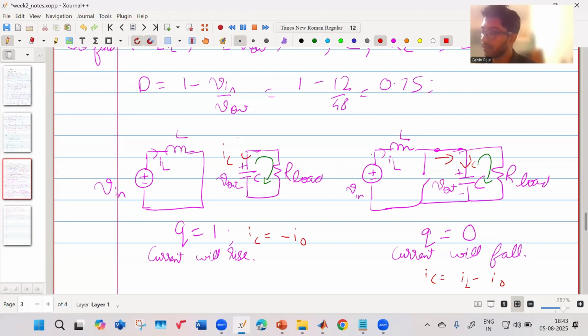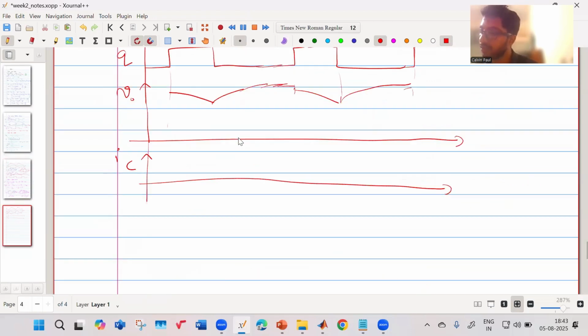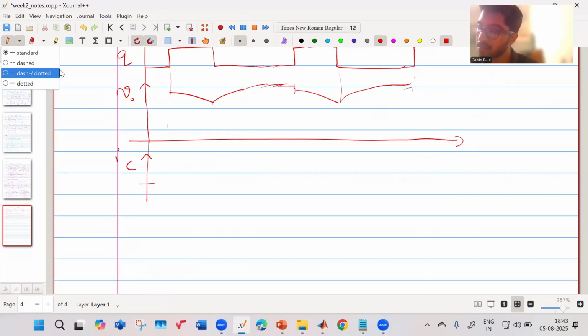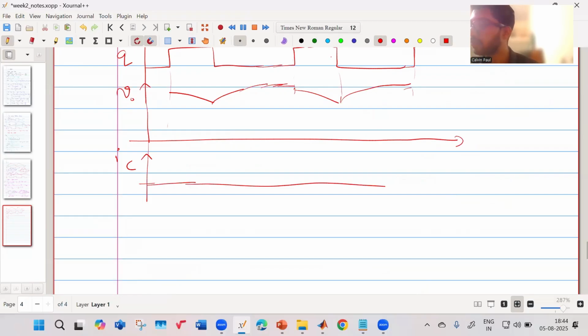So, when Q equals 1, your IC is actually not a straight line. Suppose this is 0. When Q equals 1, your IC will be minus I0.